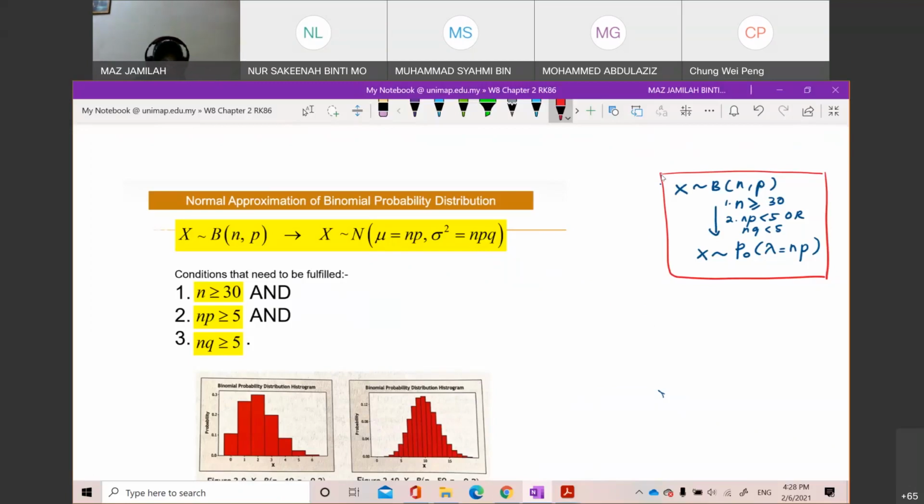For normal approximation of binomial, you have three conditions that need to be fulfilled. The first one is n greater than or equal to 30. Second, np is greater than or equal to 5, or nq, the probability of failure multiplied by the number of trials, is also greater than or equal to 5. So that would be about the normal approximation of binomial.